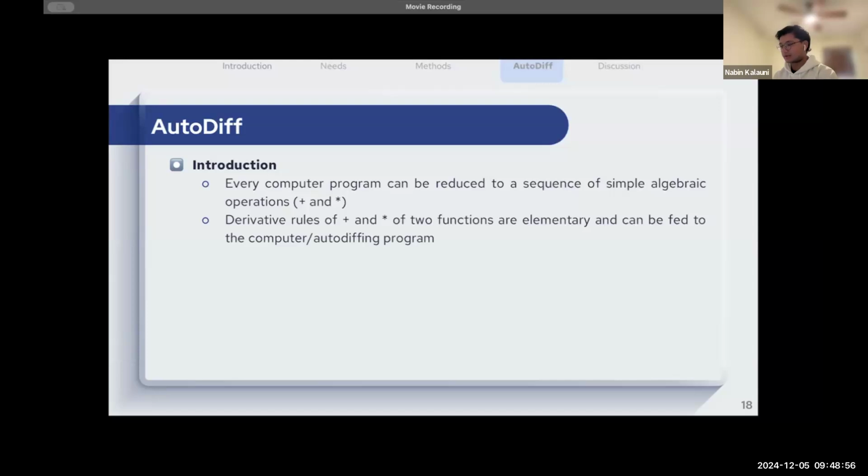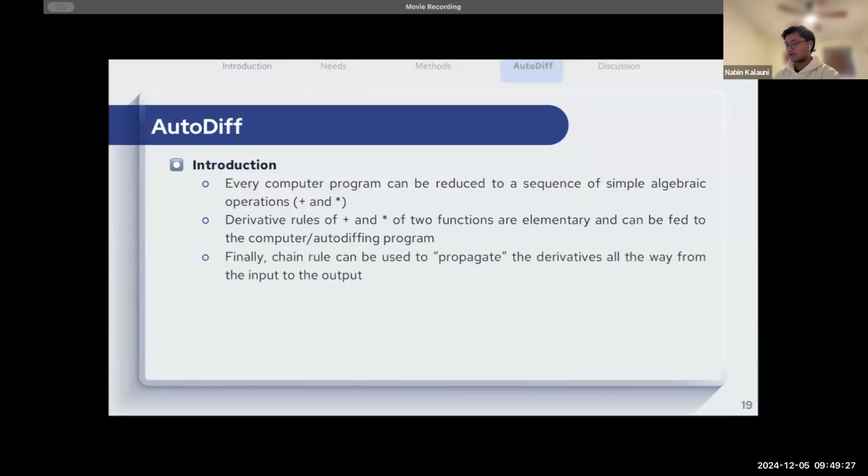Even something like a sine function, our computer would do with a Taylor series, which is again sums and products. Not every program, but in most general cases, they can be boiled down to plus and multiply. And we have chain rules for sums and products.